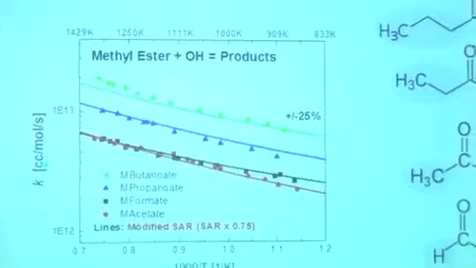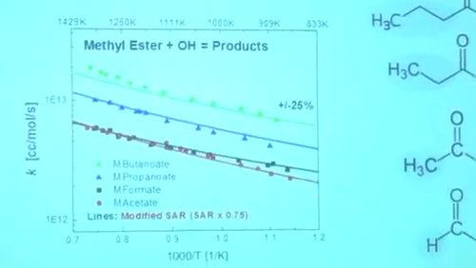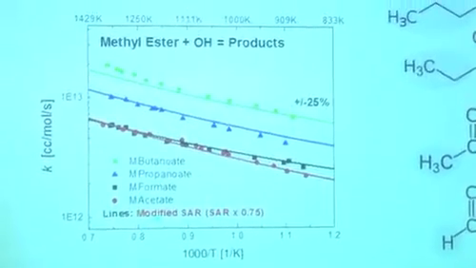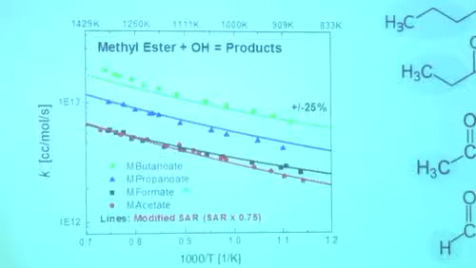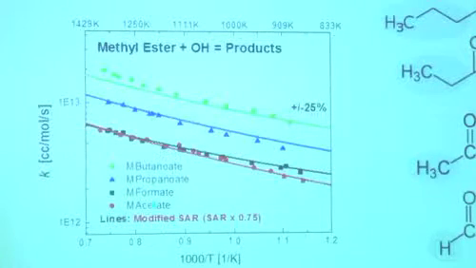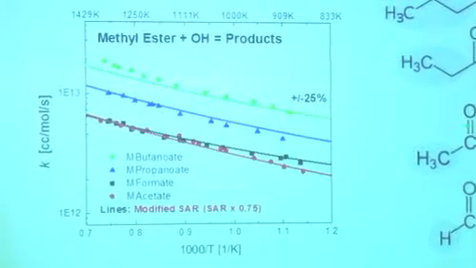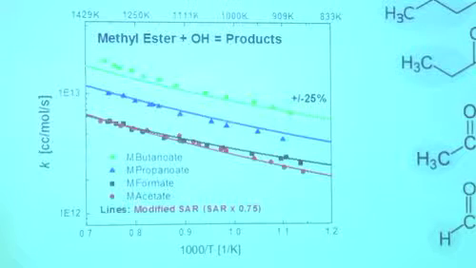Here's the rate coefficient for these studies, versus 1 over T, starting down here with the one that's the slowest, which is the acetate. So interestingly enough, the acetate is slightly slower than the formate. Then it jumps up to propionate because of the increased availability of H's out here.